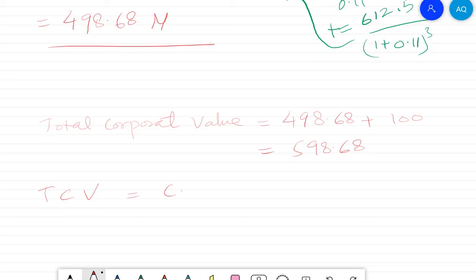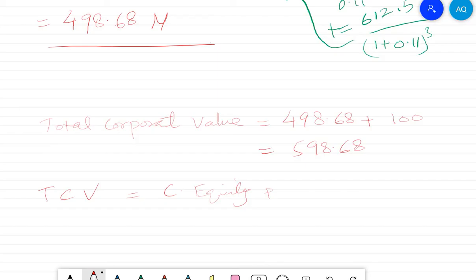Total corporate value is equal to common equity plus preferred equity and debt.